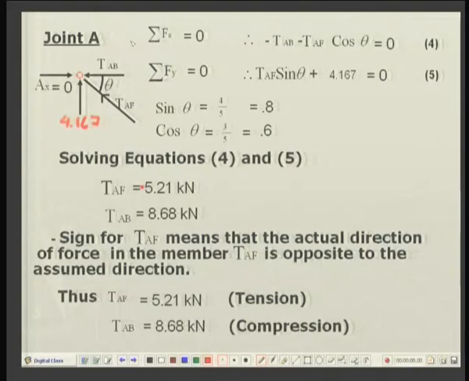That is, it is pushing the joint, compressive force, but because of the solution which shows that it is negative 5.21, it means actually the force is away from the joint, okay. So, it is a tensile force. So, TAF is 5.21 kilonewton tension, TAB is equal to 8.68 compression, okay.